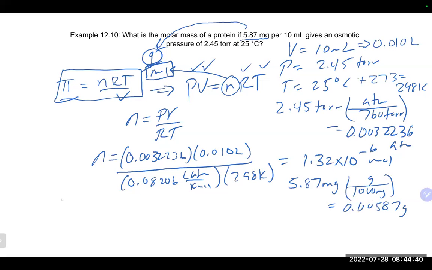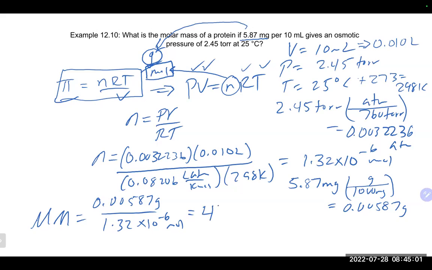We now have grams. We now have moles. So the molar mass here would be our grams divided by our moles. And we end up with 4.7 grams per mole, or maybe like 4.450 grams per mole.